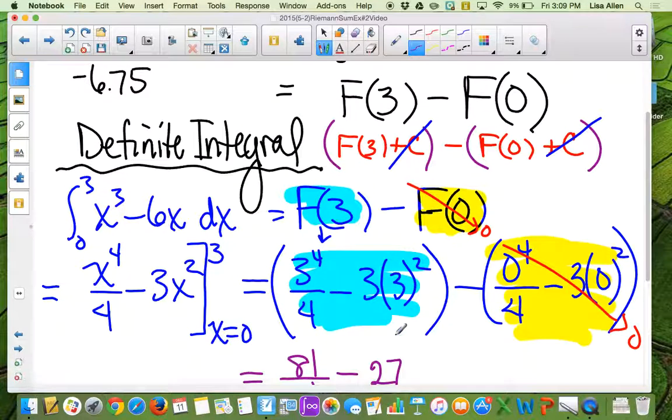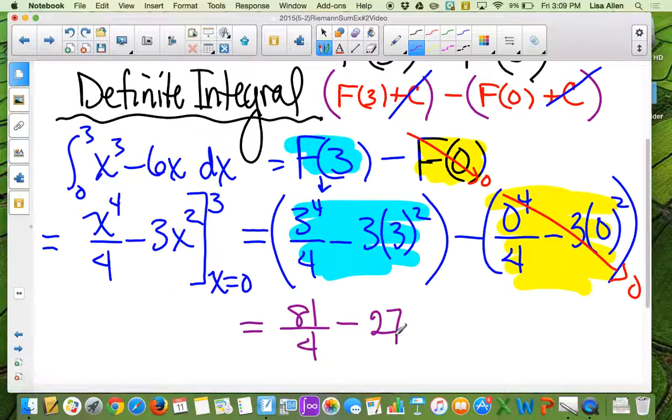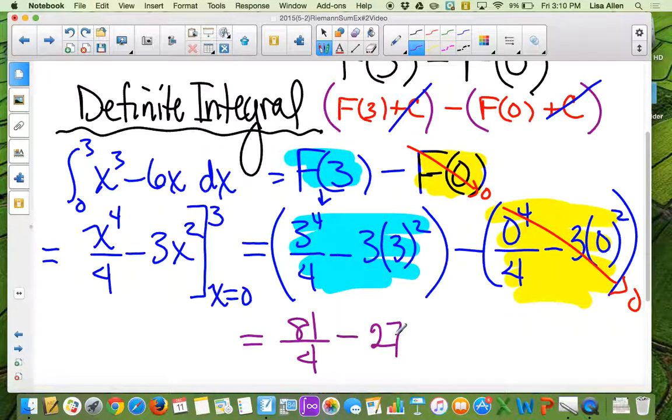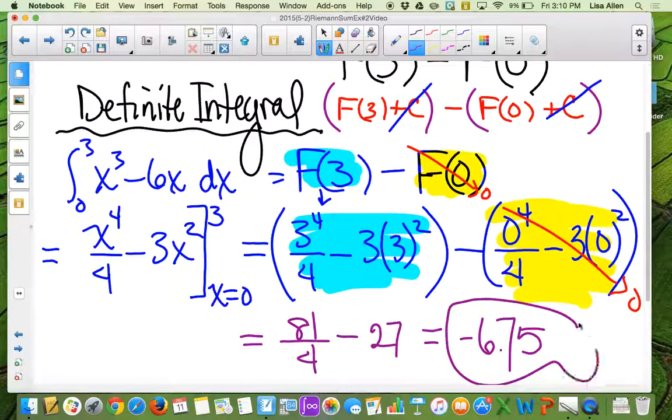Is that the right value? 81 over 4 minus 27 turns out to be equal to, it should be negative 6.75, I'm hoping it is. So check that with your calculator, negative 6.75. And it is correct.